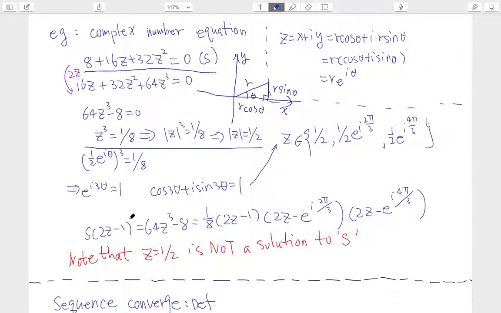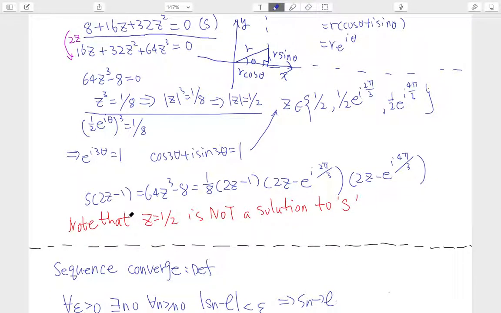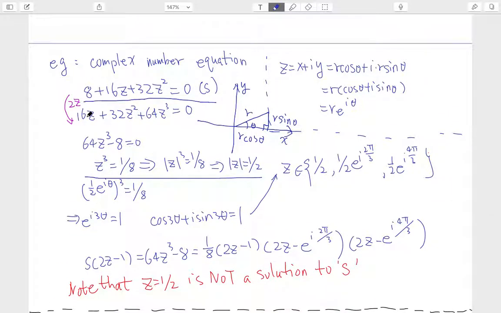And the final point regarding this example is that because we have to do some alternating changes to the original equation, there is one solution to the new equation that is not a solution to the original equation we would like to solve.